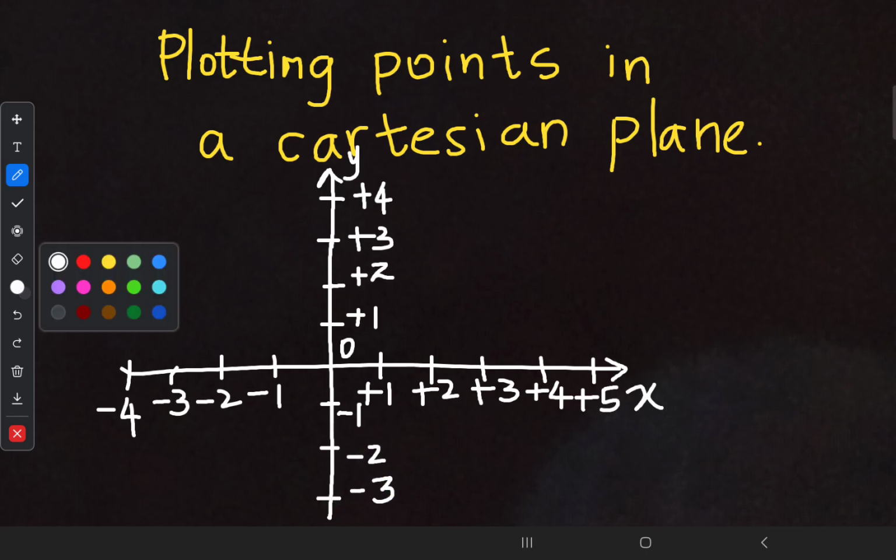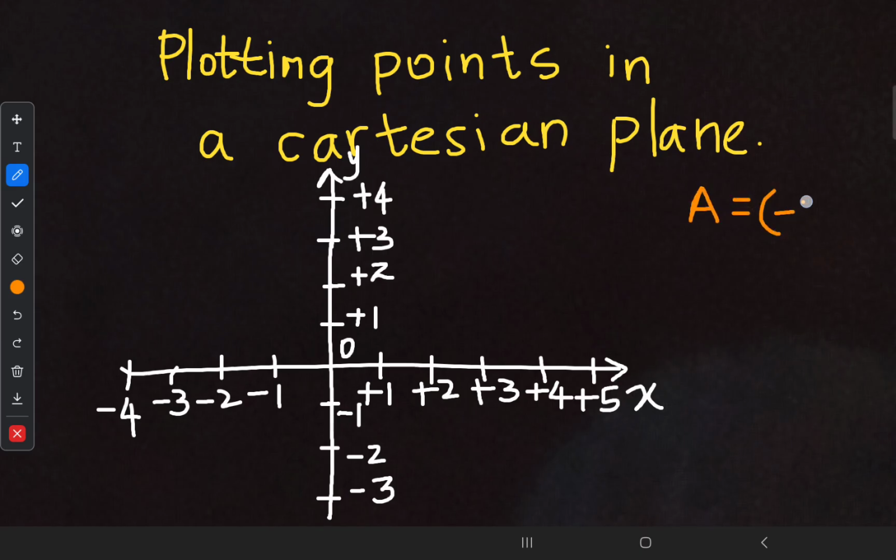When I ask you to mark A equals negative 2 comma 3, this is the point which we have to mark. A is negative 2 and 3. That means you have to mark a dotted line through this negative 2 region.